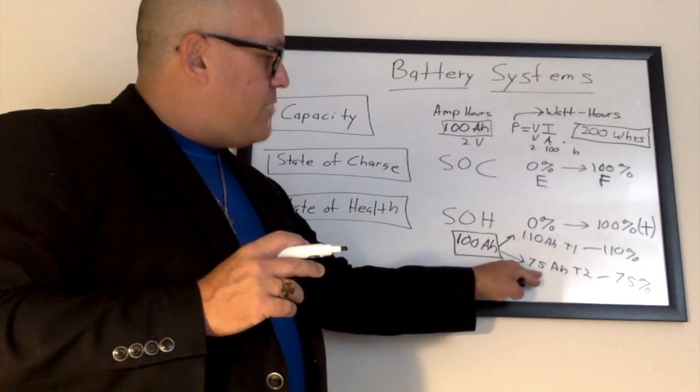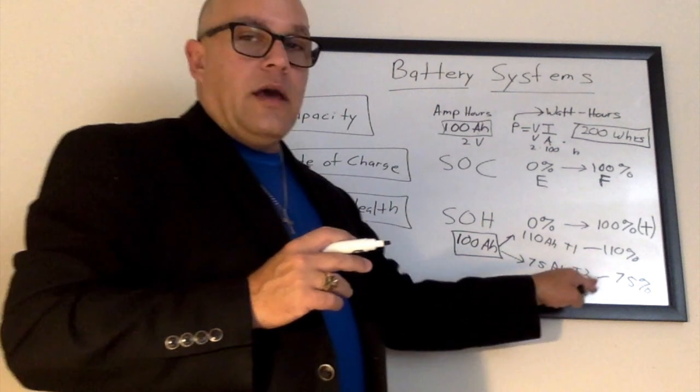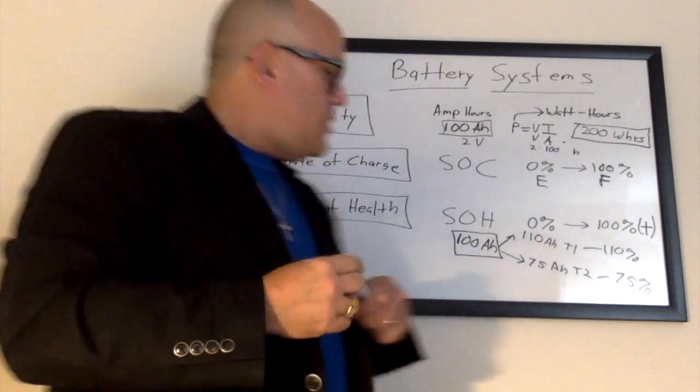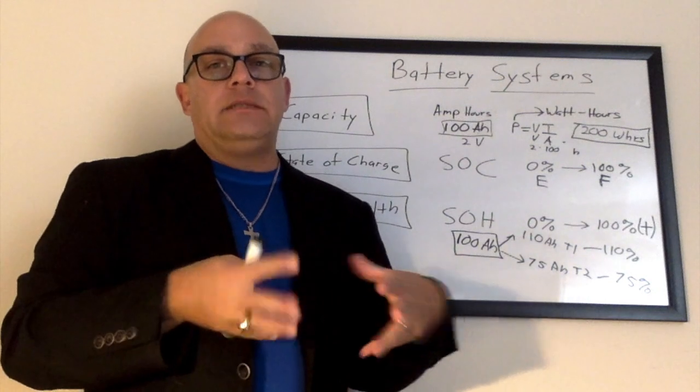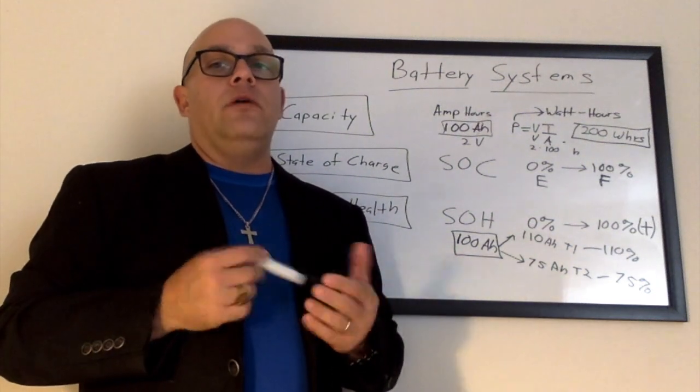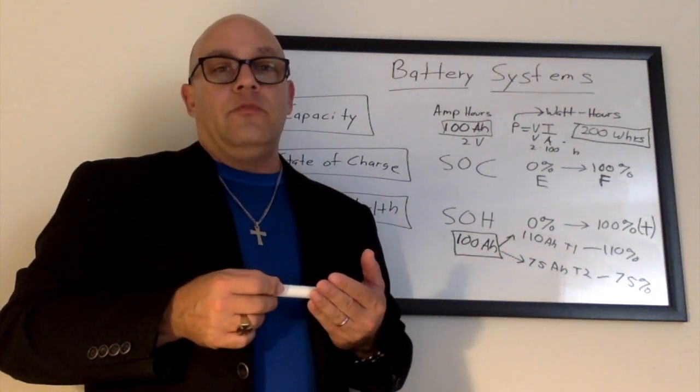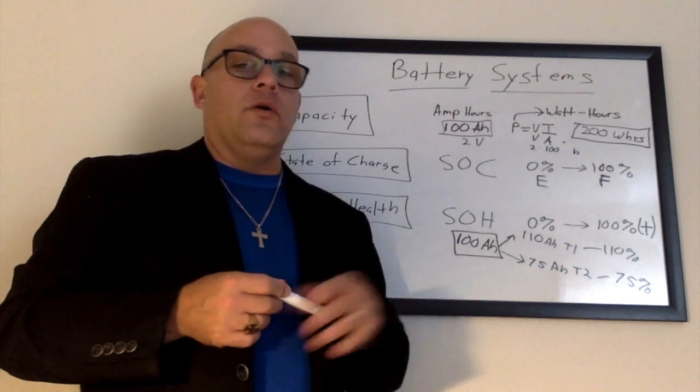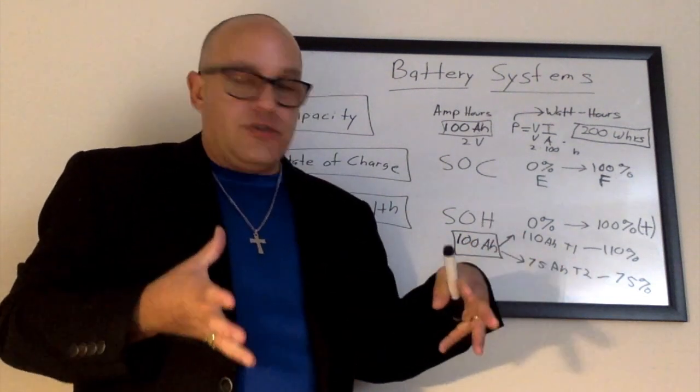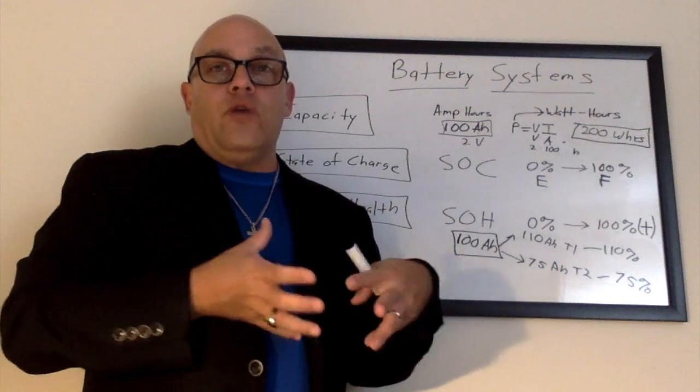In this case, 75%. Okay, got that? So state of health accounts for the shrinking gas tank phenomenon of battery systems. All right. So as a battery ages, as I said before, the gas tank or the electron tank capacity is going to shrink. We don't see that in gasoline engines.